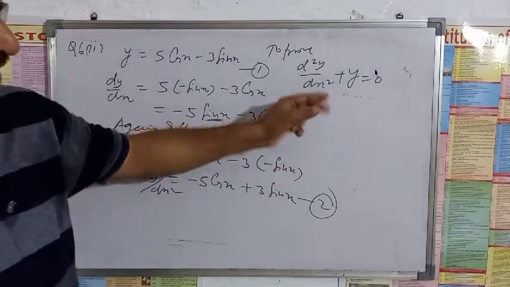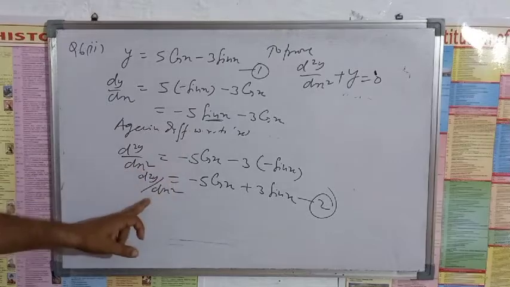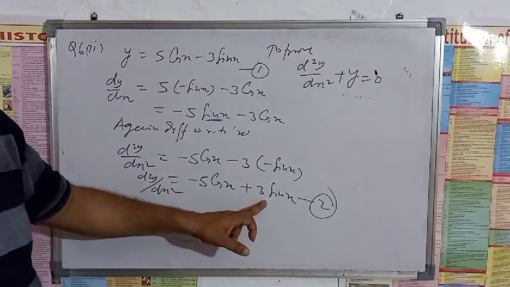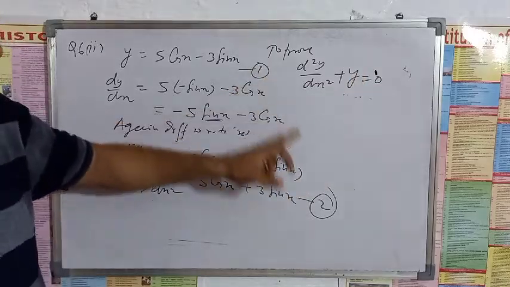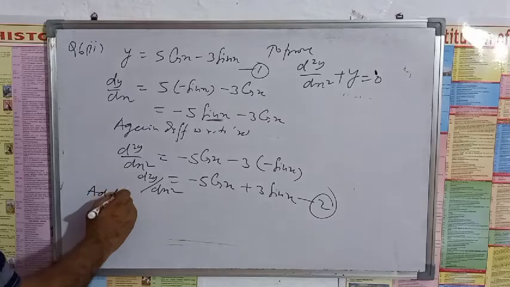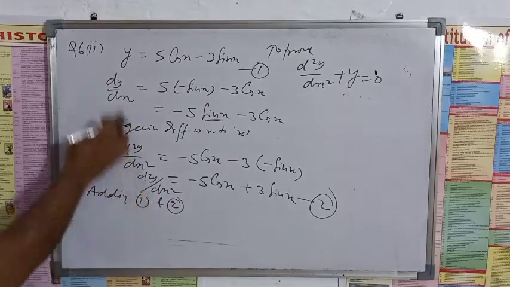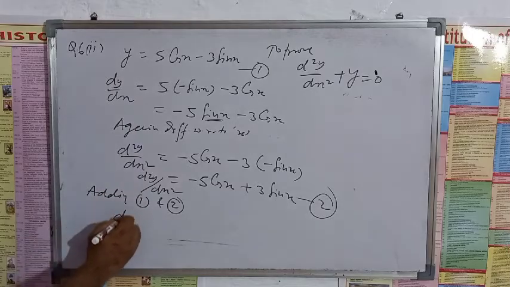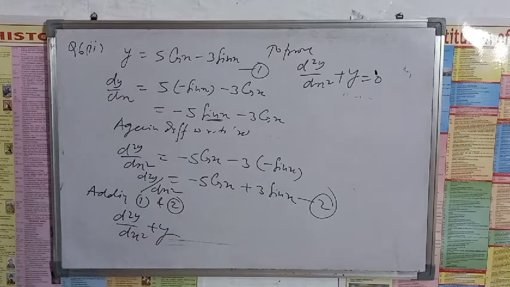We have to prove this result, d2y by dx square plus y. So y is equal to this one and d2y by dx square is equal to this one. You can put on the left side and simplify, it will come 0. Or adding first and second equation, the left side will be d2y by dx square plus y.